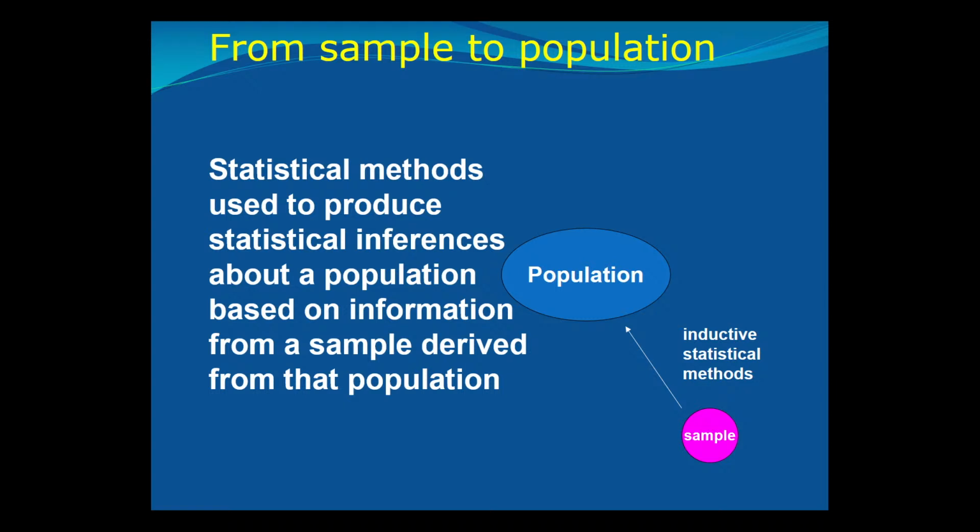It is impossible to study the whole population, so we can do our research using only a group, only a part, only a portion of the population, which is called a sample. And by using statistical methods, we study this sample, but we apply all the conclusions to the whole population.